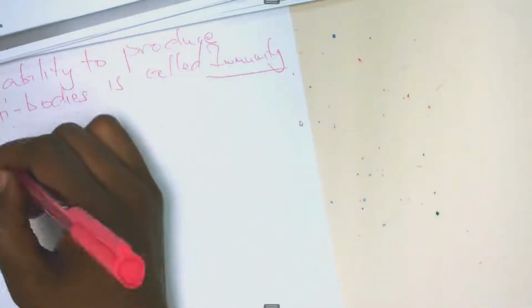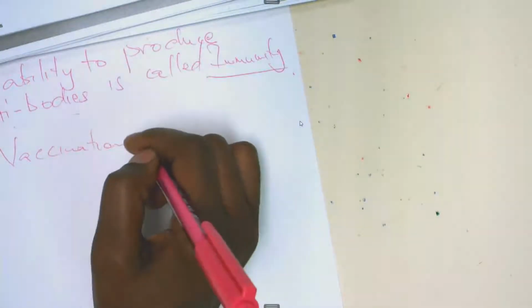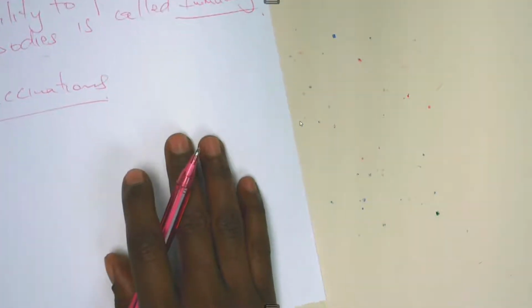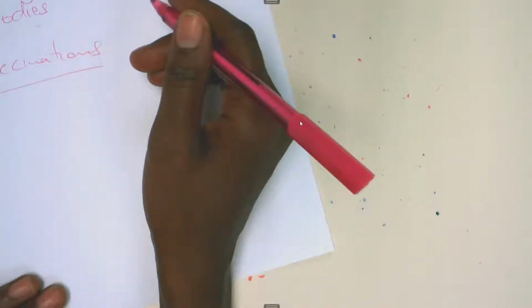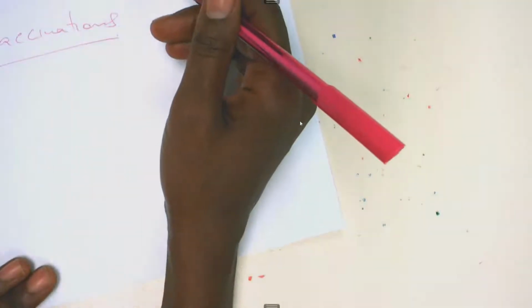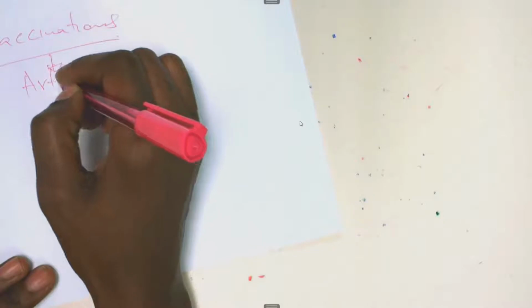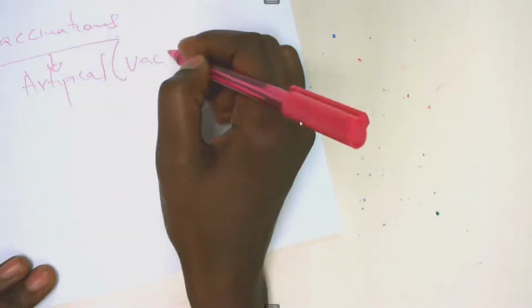Another form of immunity is vaccination. Vaccination is another type of acquired immunity, obtained through artificial means, such as a vaccine.